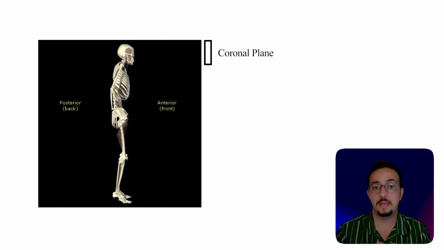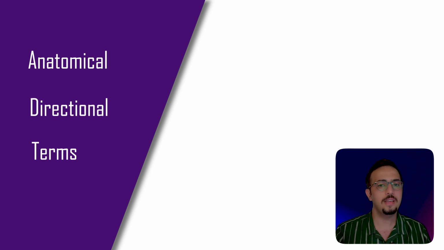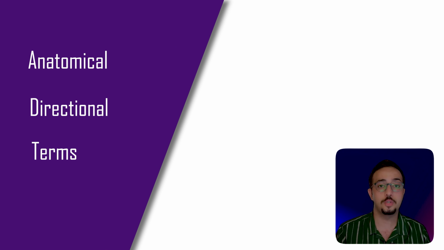Think of it as slicing the cake from front to back, so you end up with a front slice and a back slice, anterior and posterior. And lastly, the sagittal plane, picture cutting from the middle, so you have a left and right piece. Easy.